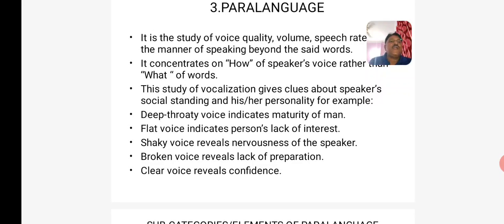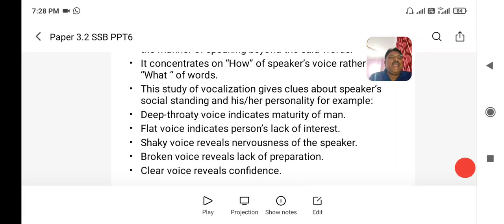Dear students, when we were in high school, the teachers who were handling languages used to explain the poems to us in a very interesting way by modulation of their voice, by the speed of their voice.